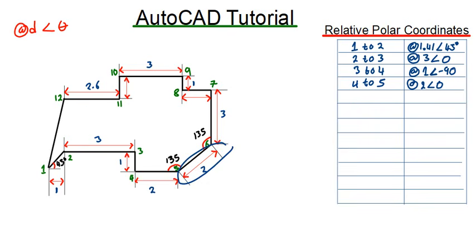The distance that we have is also 2, then at an angle of, when you think of it this way, this is our x-axis, so this angle here is just 180 minus the 135, which is 45, at an angle of 45.